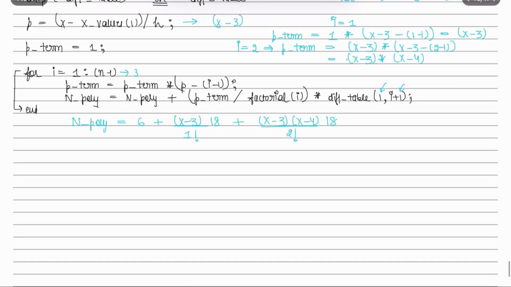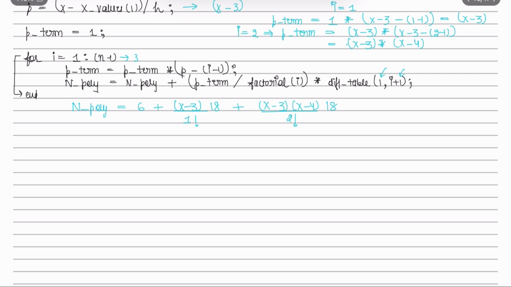And to simplify this polynomial in terms of x, you can use the simplify function and pass this polynomial.